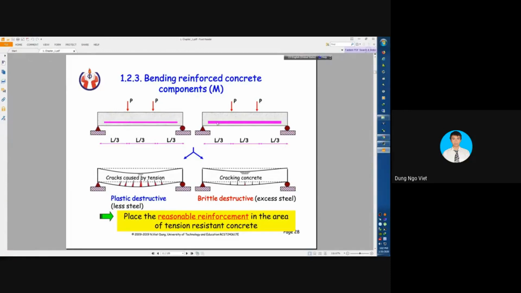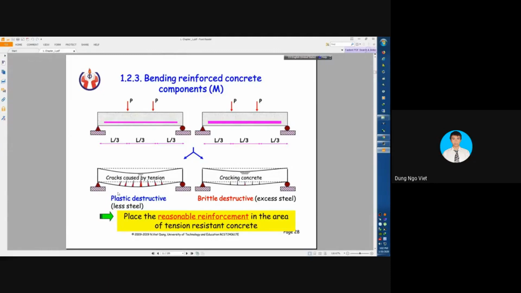So what is the difference between the left model and the right model? For the left model, the reinforcement is not so much. However, in the right model, the reinforcement is quite a lot.